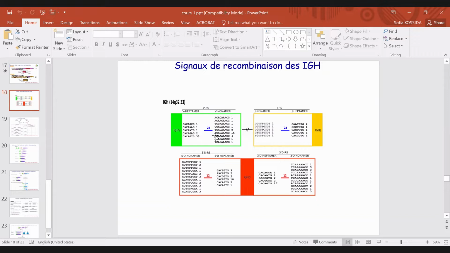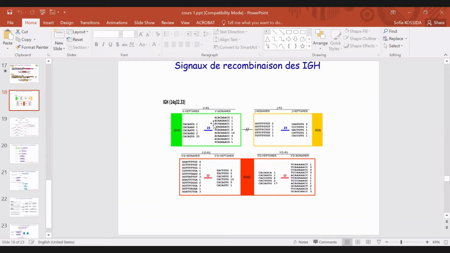And then I tell you that there is this famous, in quotation marks, rule that a recombination in the immunoglobulin genes happens only when the 12 and 23 rule is respected. I'll try to explain this rule.